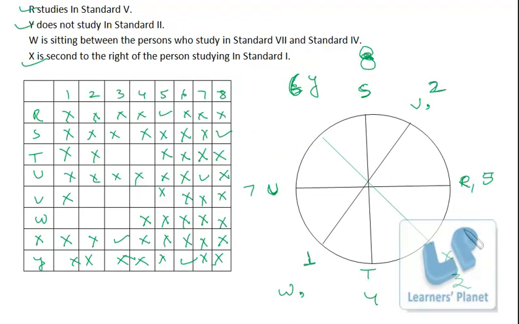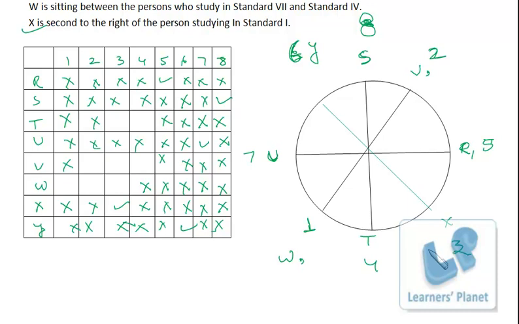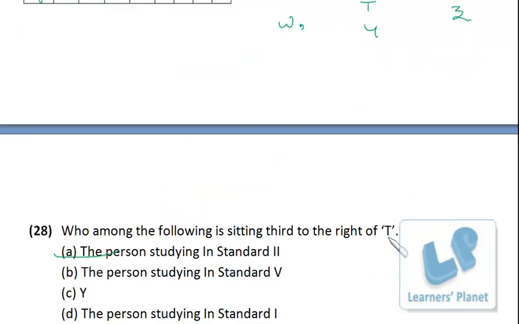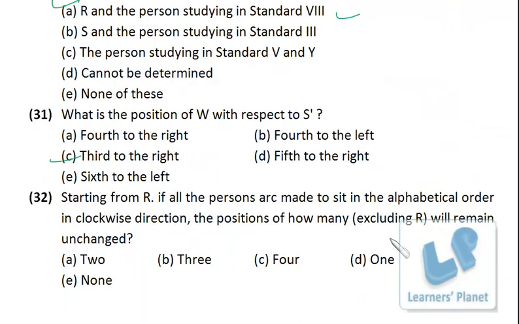So after R it will be S over here, so position of X will be changed, then T will not be changed. R, S, T, U, V, W, X, Y. Okay, so fine, only position of T will be unchanged, otherwise all of them will be changed. Okay, so just one person.